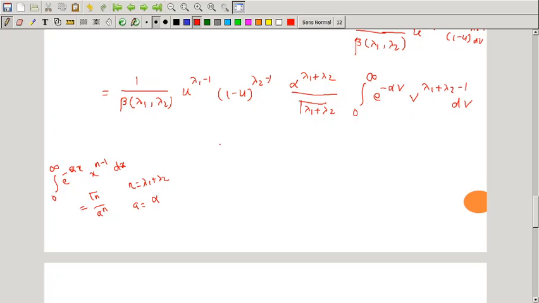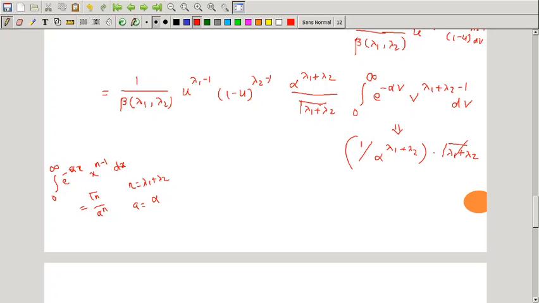If I put that here, this integration is gamma lambda 1 plus lambda 2 upon alpha raised to lambda 1 plus lambda 2.